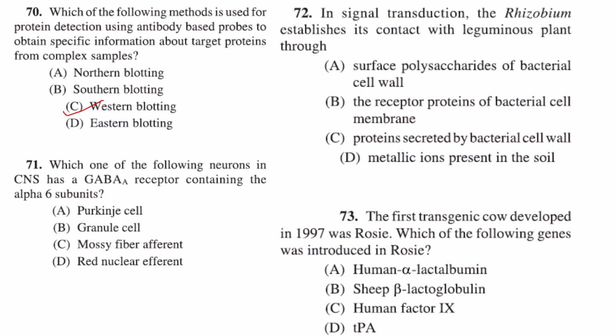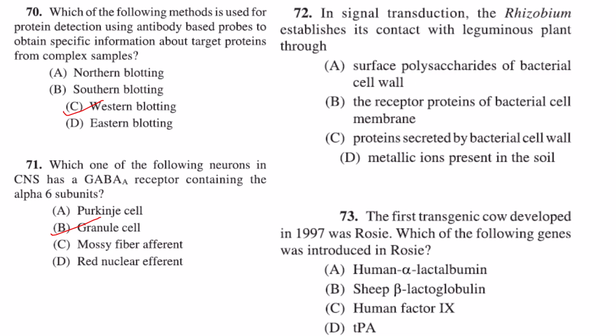Then which of the following neurons in CNS have GABA receptor containing the alpha 6 subunit? So it is your granule cell that is having the GABA receptor containing alpha 6 subunits. Purkinje cells have GABA receptors, but they do not contain alpha 6 subunits. Then mossy fiber efferent, they do not have GABA receptors.